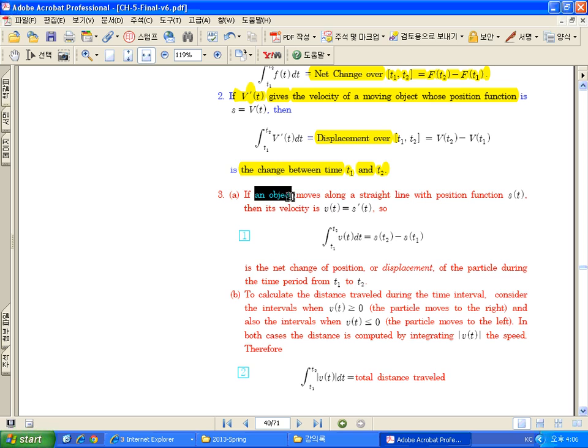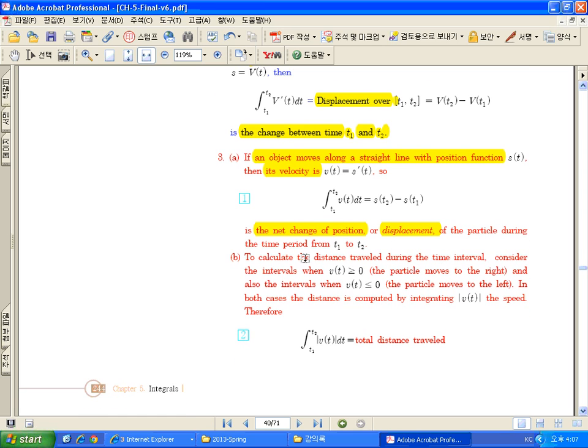If an object is moving along a straight line with a position function, then the velocity integral is the net change of the position, or displacement, of the particle during the time period. If we are looking for the distance traveled during the time interval, then this integration of the speed gives us the distance.